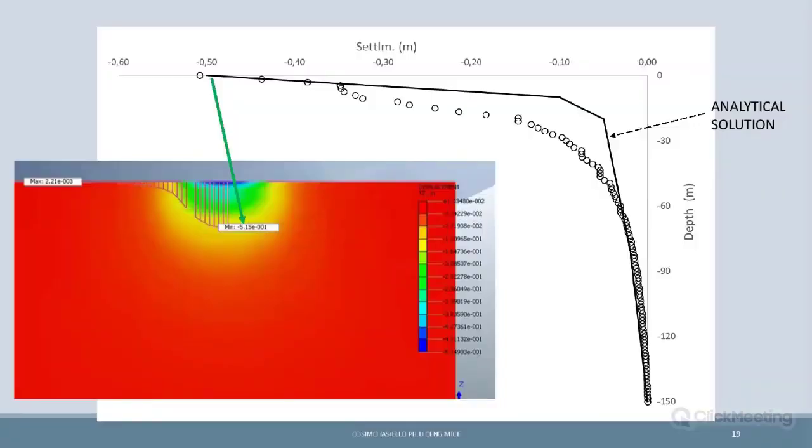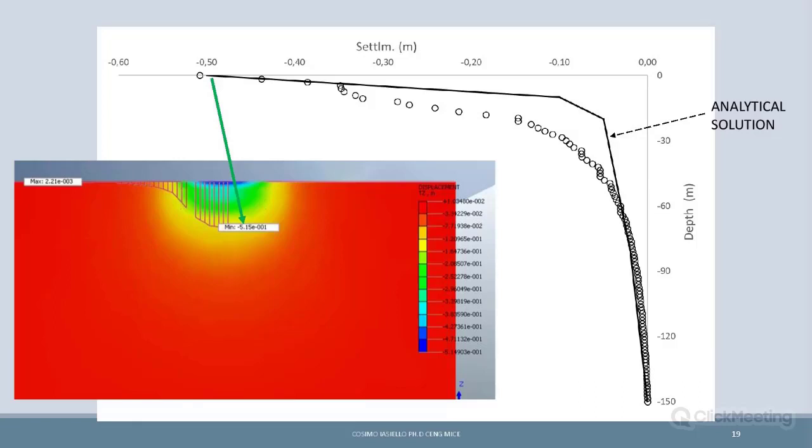And then we have the other calculation here. This is the settlement, as you can see, half a meter. So this is the analytical solution, which is very similar to an oedometer test. It's the Boussinesq formula, the semi-elastic space used by Boussinesq, at the end of the day. And this is what Midas is giving us.